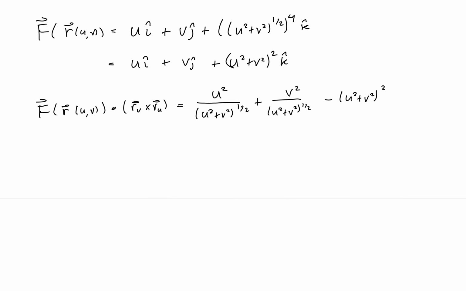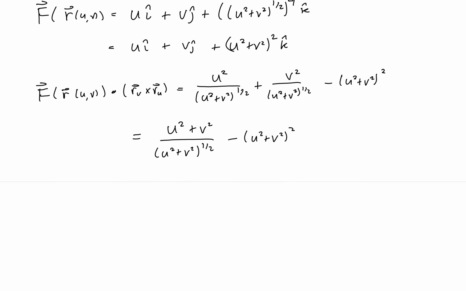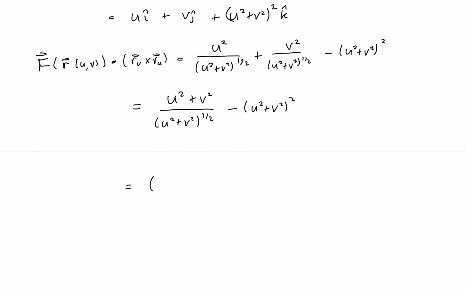And we can simplify this a little bit because we can bring the first terms together and get (u squared plus v squared) over (u squared plus v squared) to the 1/2 minus (u squared plus v squared) squared. And that just becomes (u squared plus v squared) to the 1/2 minus (u squared plus v squared) squared.